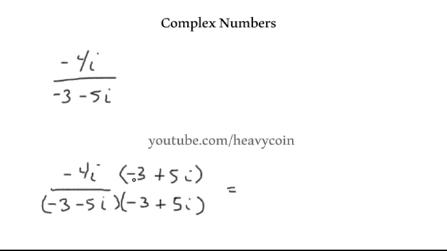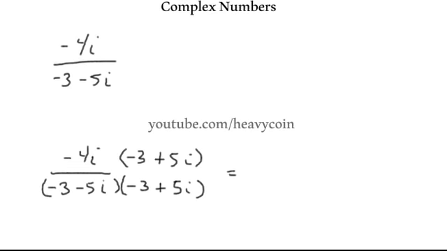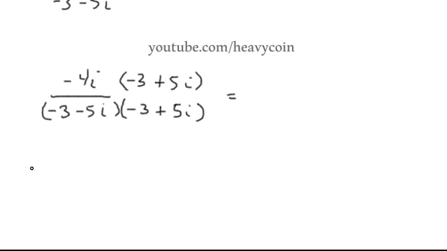Alright, so -4 times -3. Actually, I think what I'm going to do here is just write it down here. -4 times -3 is positive 12i. -4i times plus 5i is going to be minus 20i squared.